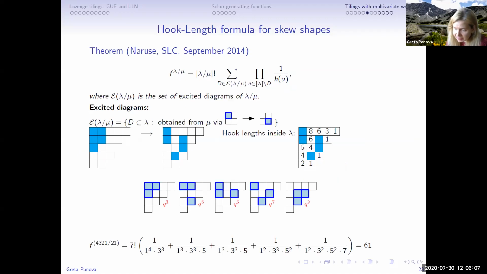And here is an example from the previous case when we were looking at these alternating permutations. In this case, we have 5 excited diagrams, and each of them is contributing these terms in the formula.